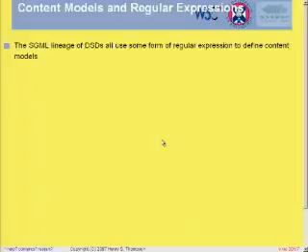Just to remind you, document structure definitions for markup languages in general, ever since SGML, have used some kind of regular expressions to define their grammars, to define what are called content models. Right?